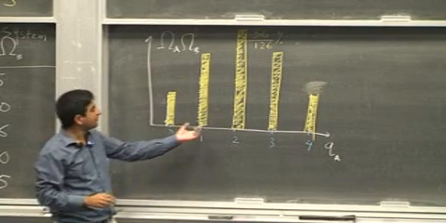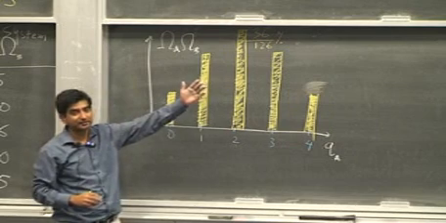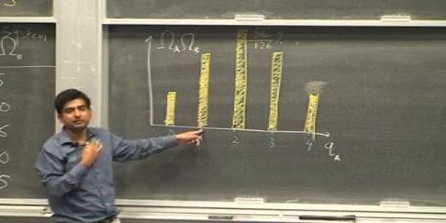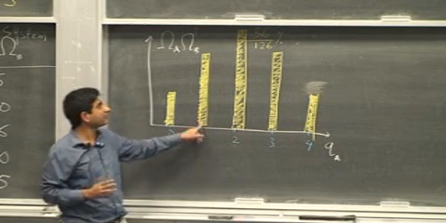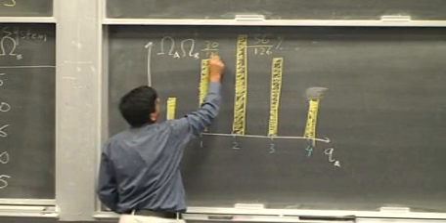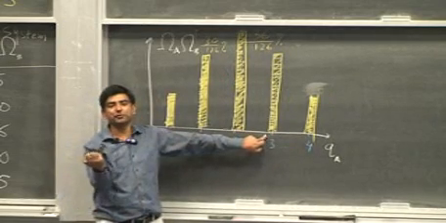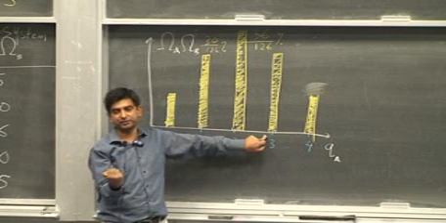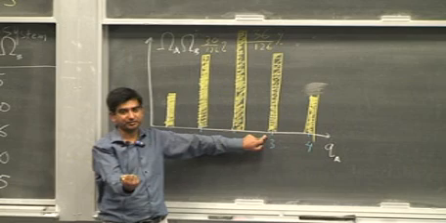But there is also a finite probability. The height of these curves tells you the probability. There is also a finite probability that QA is 1. This probability is 30 over 126, right? There is a finite probability that QA shares 3 quanta, that is 75% of the energy, and B has 25% of the energy.